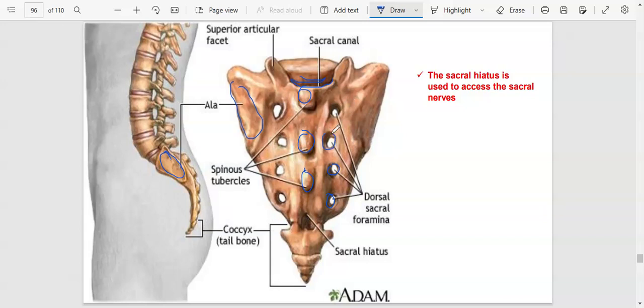Meaning that these are found at the back, dorsal sacral foramen. So that's it. And then you have got the sacral hiatus. You have got this region here. That's the hiatus. The sacral hiatus is used to access the sacral nerves. This is where the nerves are able to be accessed. So this is the sacrum.